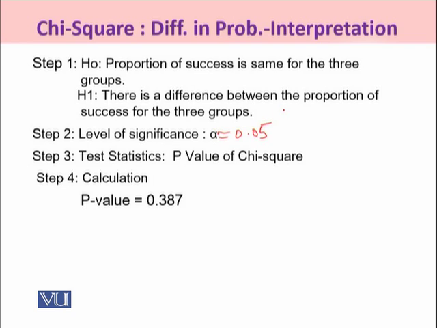Students, we have obtained the chi-square p value from SPSS. We have to report that p value and compare the calculated p value with the observed p value, which is also known as alpha. The calculated p value we have observed from the SPSS output is equal to 0.387. Now this calculated p value is to be compared with alpha. So alpha is our observed p value.